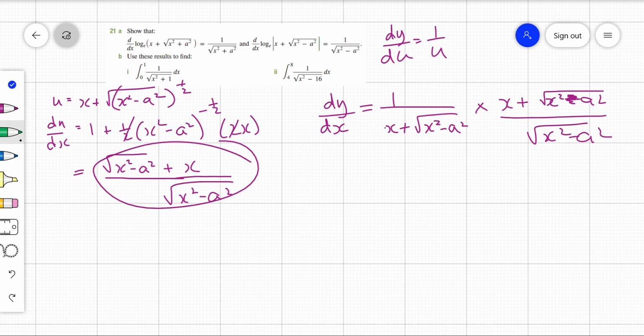And again, we can see that these are the same, so they will cancel, and we will be left with 1 on square root x squared minus a squared.